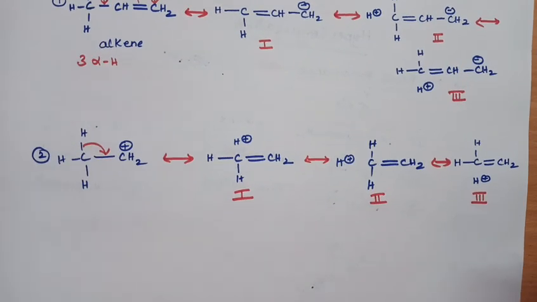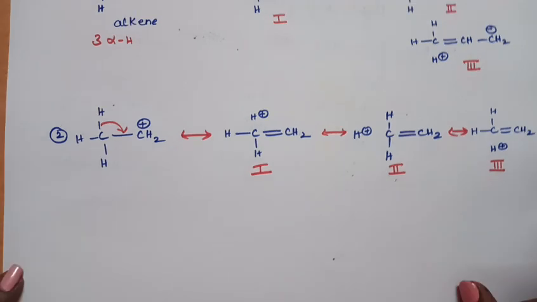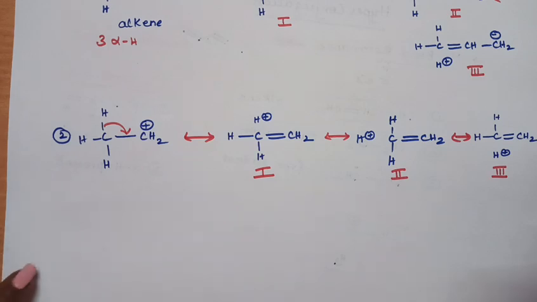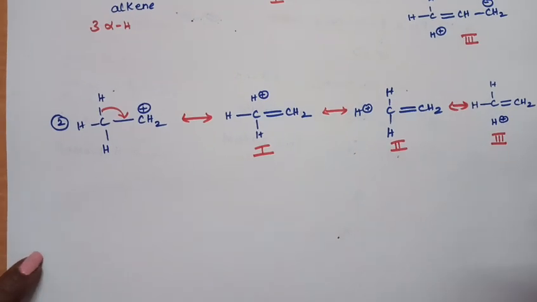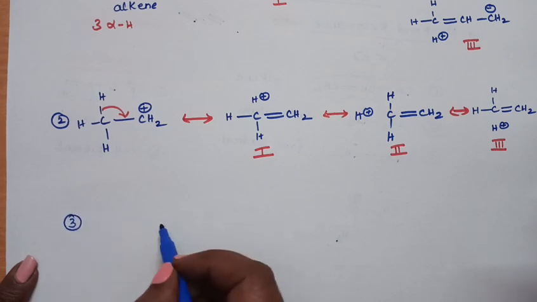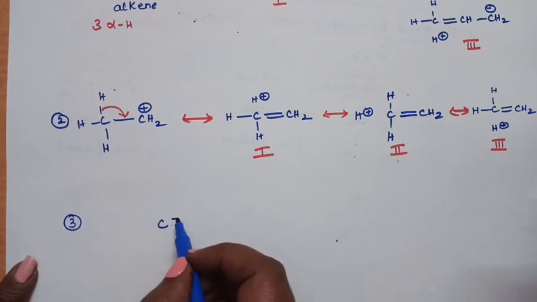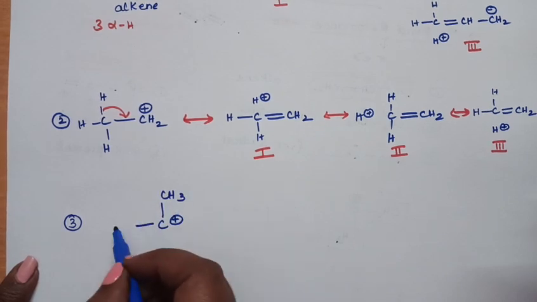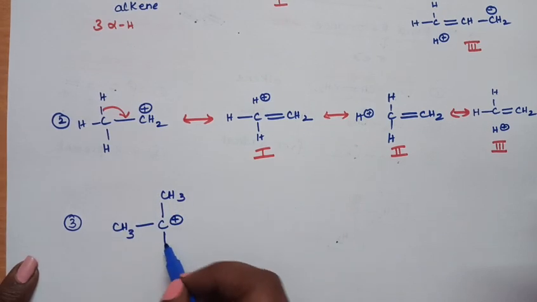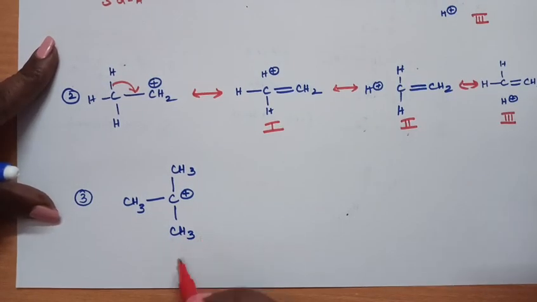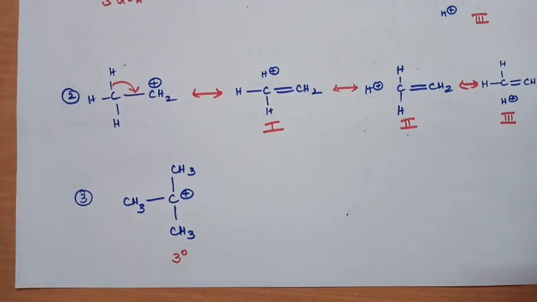So students, now let us see which carbocation is found to be more stable: tertiary, secondary or primary. We will check now. Third example, this is the carbocation. To this, methyl groups are attached, CH3, CH3. So this is tertiary carbocation.